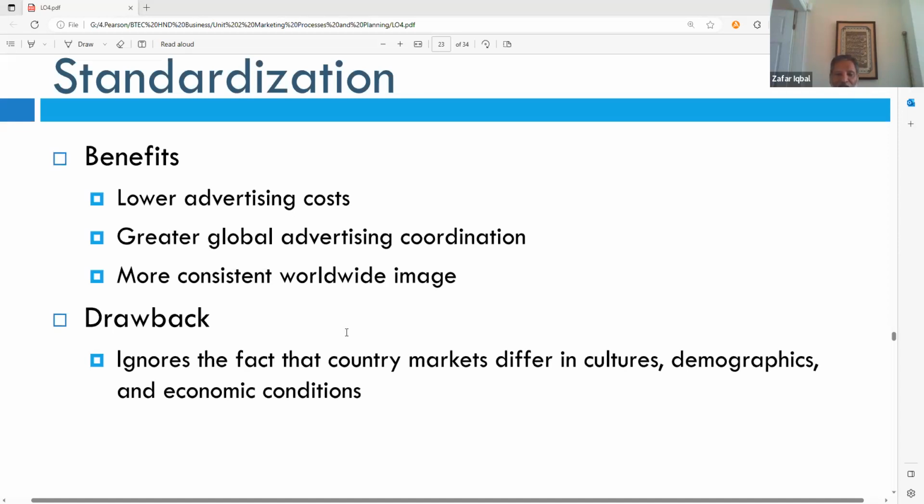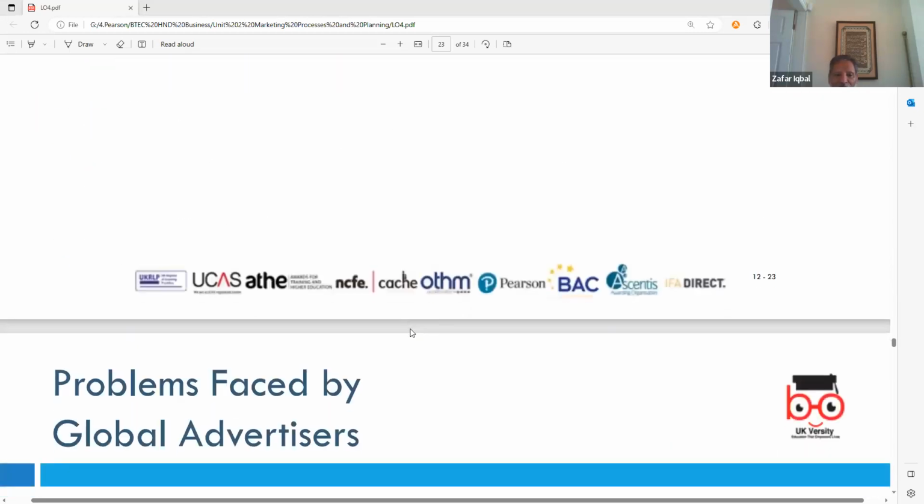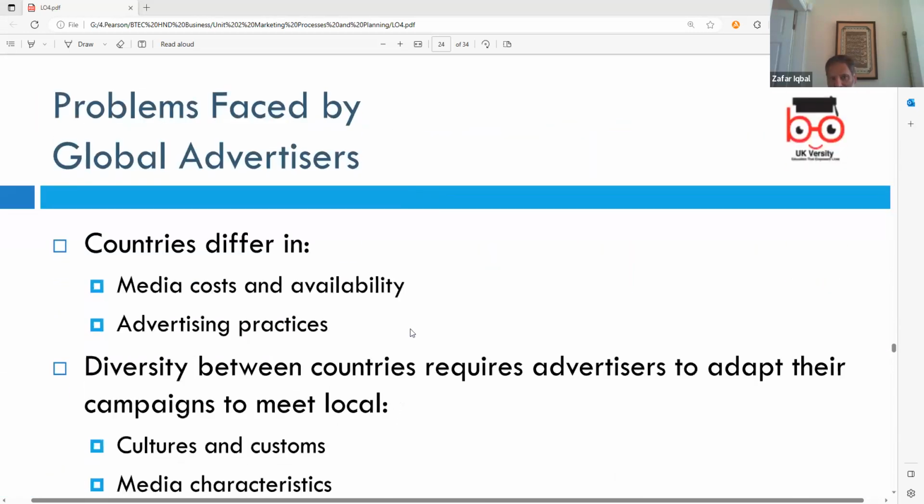Make sure that it creates an image of the company, a worldwide image, and that depends on the costs. When looking at international standardization, you also need to look at the benefits and drawbacks of the advertisement, and make sure that they are done rightly.